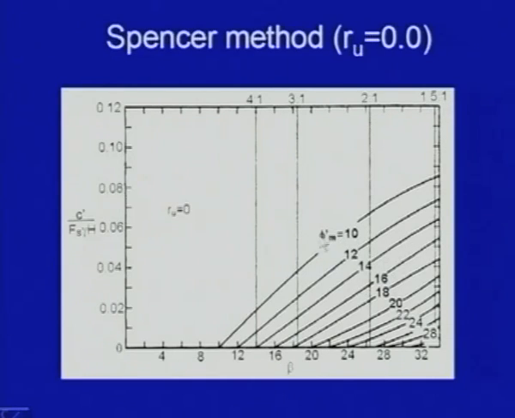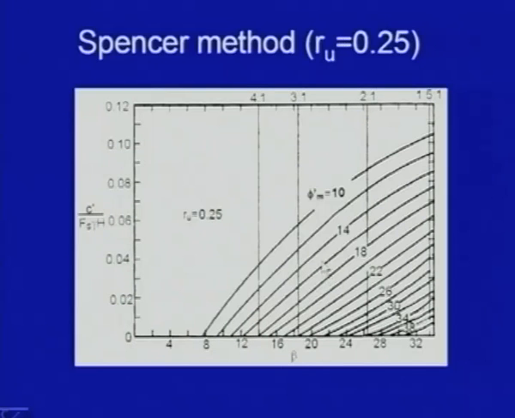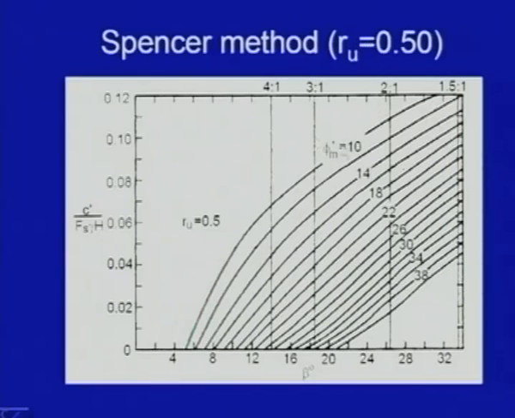So, if you have C dash, Fs, gamma h, Ru and phi m dash, a correlation, a link between all these parameters can be developed using these charts. This is a similar chart, but for Ru is equal to 0.25, and here is the chart for Ru is equal to 0.50.